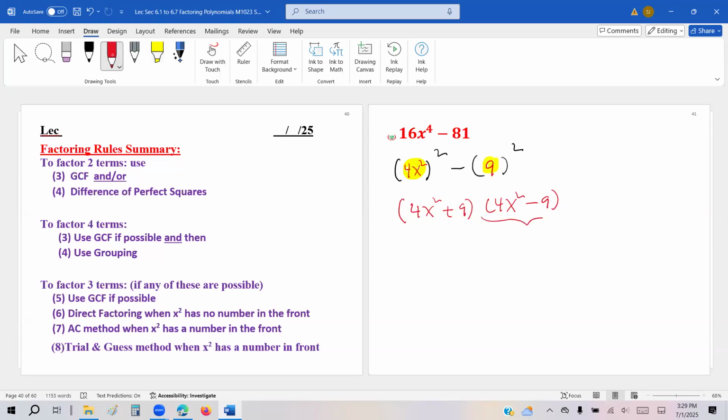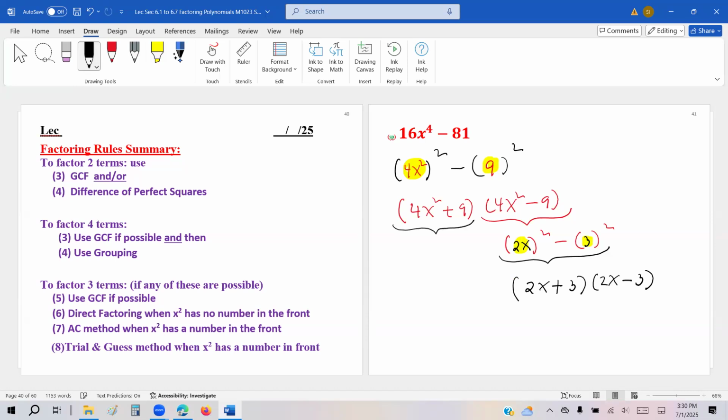And see, this is more factorable because it's a difference of perfect squares. So what square and what square do we have here? 4x squared is what square? 2x. And 9 is what square? 3. So what do you get from these 2 bases? 2x plus 3 and 2x minus 3.